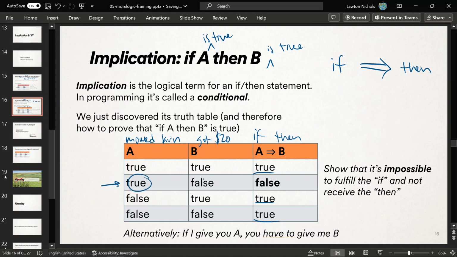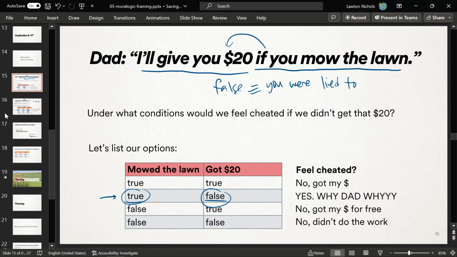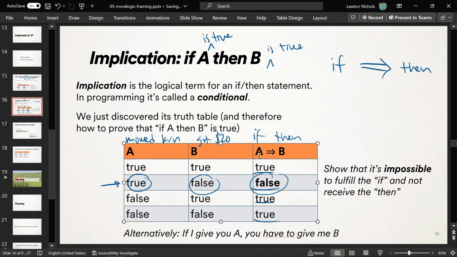A can never be true and B false at the same time, because that would put us in the bad case. Then it would not be true. Okay? So that's a little weird still, I think. Hopefully it makes a little bit of sense, at least in terms of mowing a lawn. But that's implication. It's a new symbol.